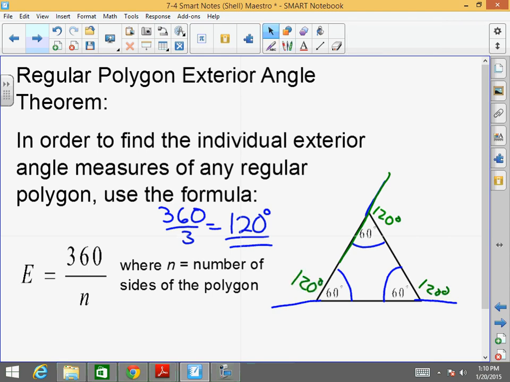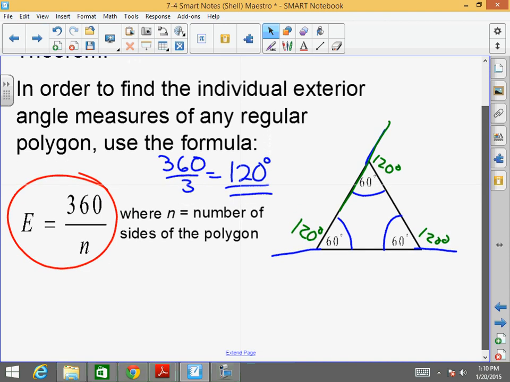So you could find it the long way by finding the individual interior angle measures, and then just remember that they're supplementary to one exterior angle at every vertex. But the easy way, and it's not that difficult of a formula, is 360 divided by n, where n is the number of sides. Does that make sense, gentlemen?